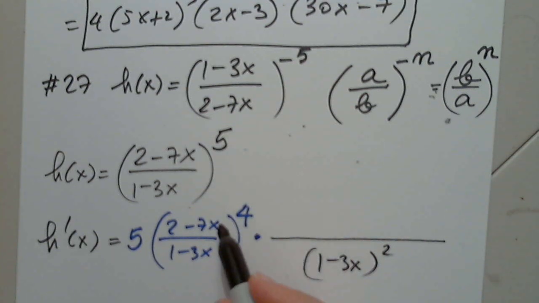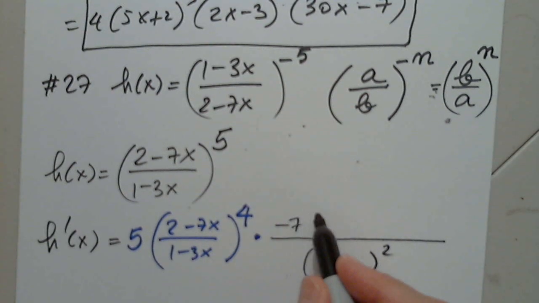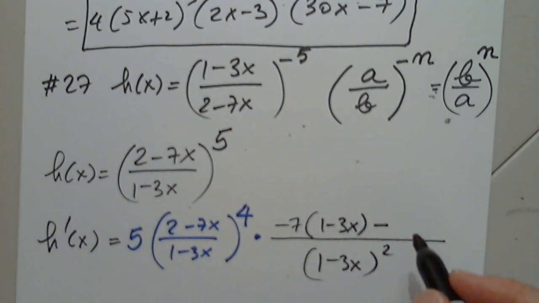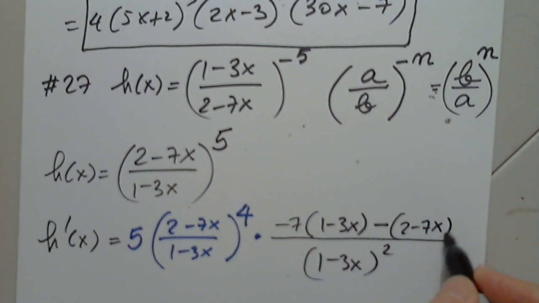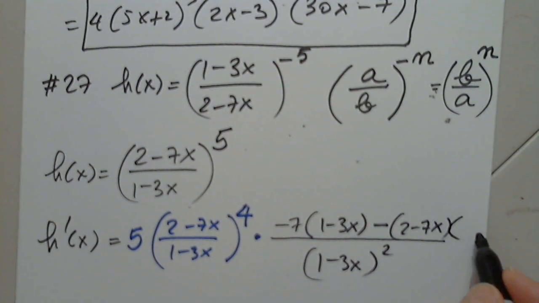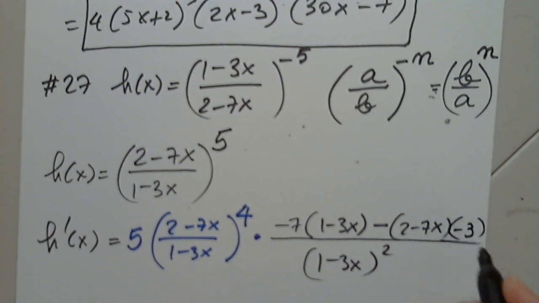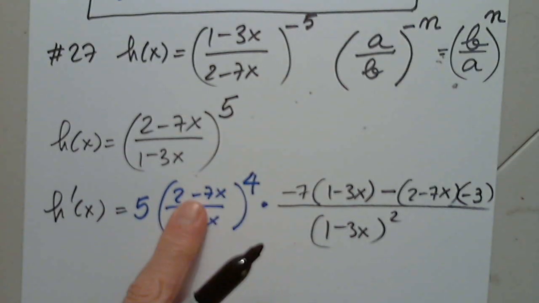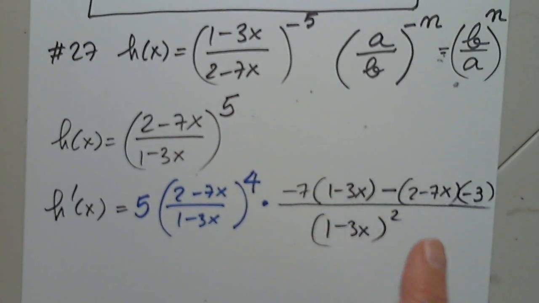Please. The derivative. Negative 7. Thank you very much. 1 minus 3x minus, I copy the numerator. Can anyone give us the derivative of the denominator so I can put it here? Negative 3. Awesome. Great job. There is nothing I can do to this, but I have to simplify this one.